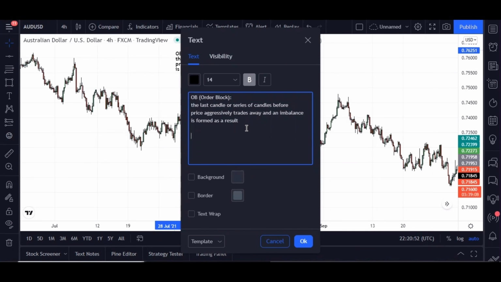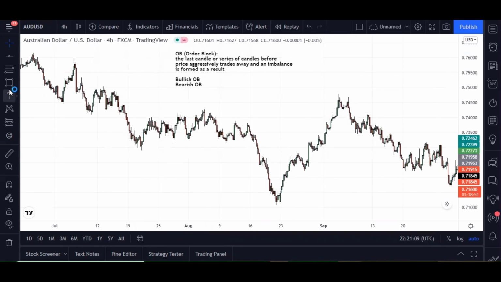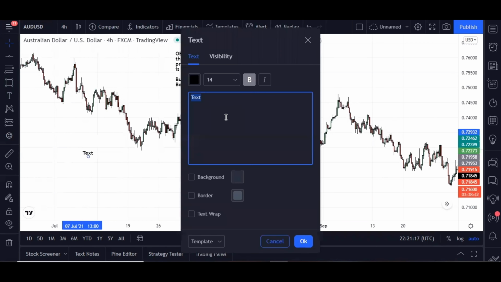And what type of order blocks are there? Well, you have bullish order blocks. You have bearish order blocks. So what we're looking for in these scenarios of bullish and bearish order blocks, here I'll give you an example of a bearish order block.